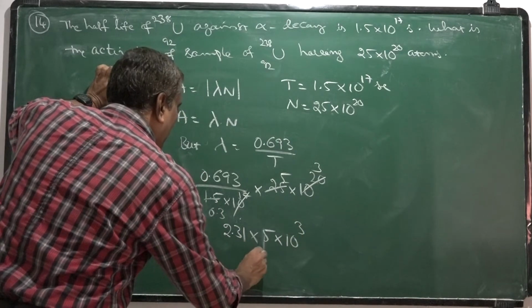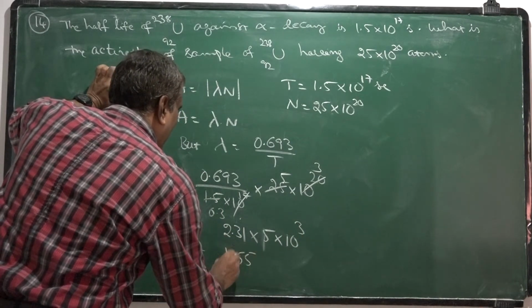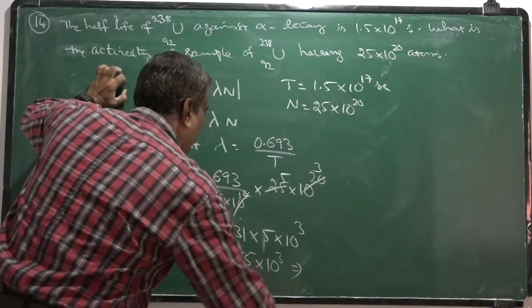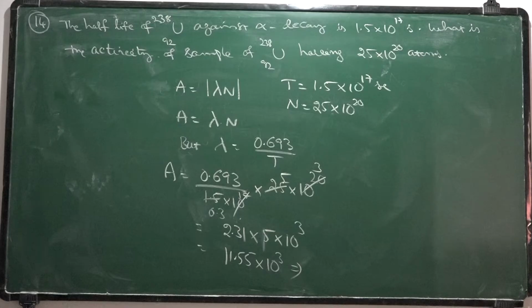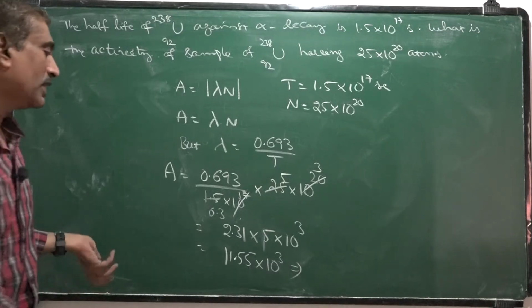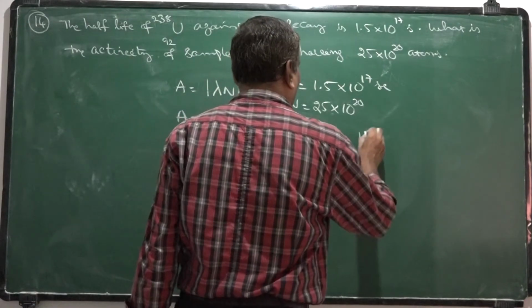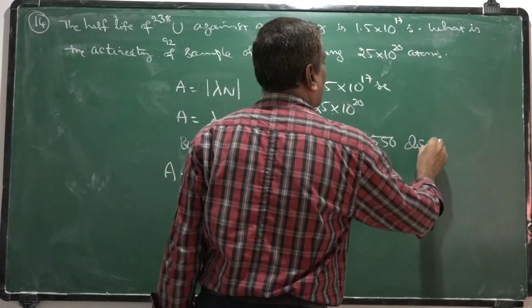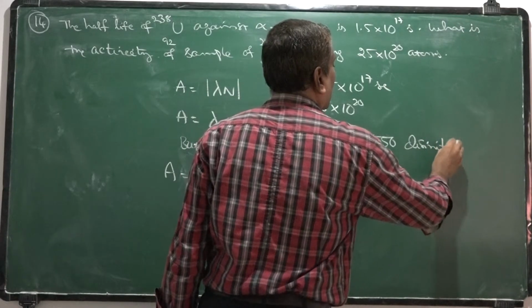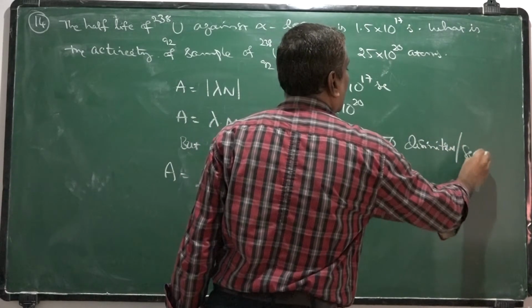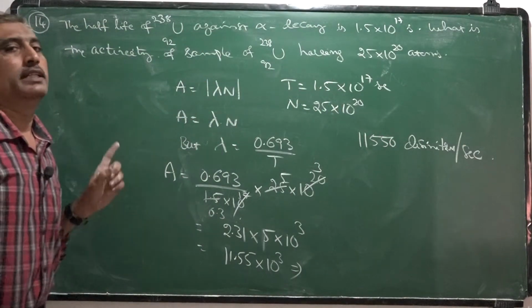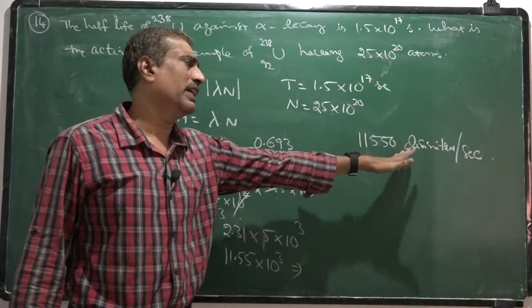That is 5 × 2.31 = 11.55 × 10^3, that is 11,550 disintegrations per second. So activity is always measured in disintegrations per second, or we can write it as becquerel.